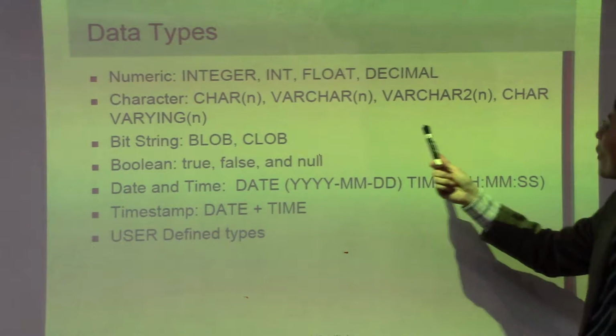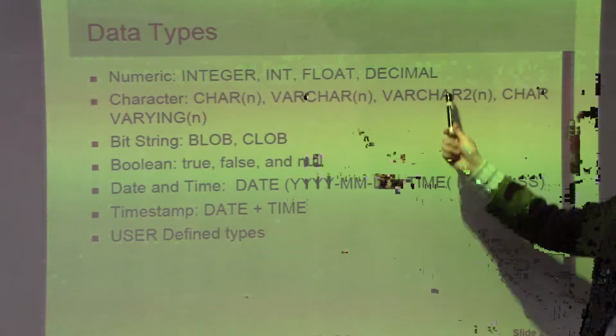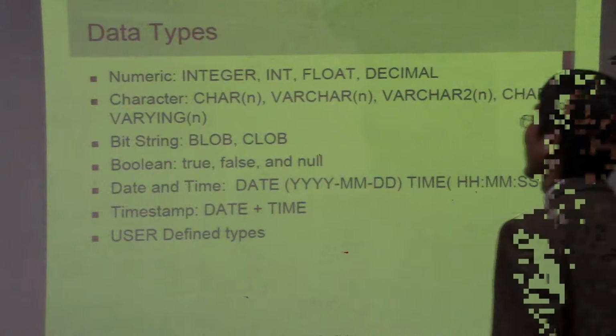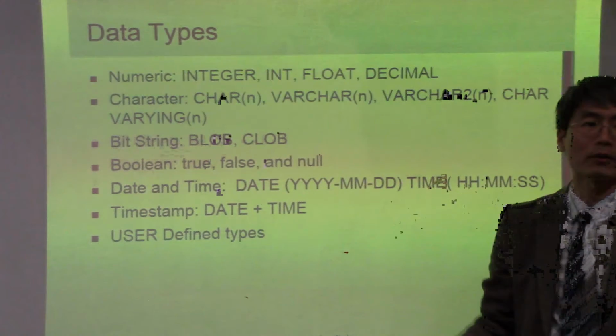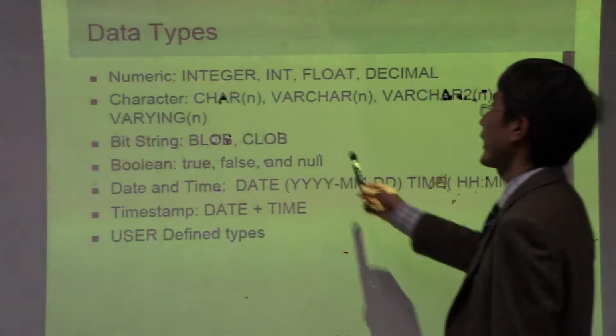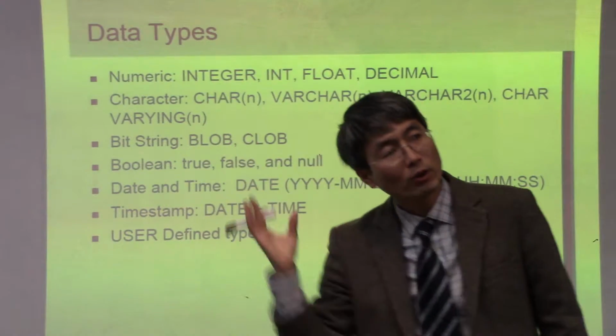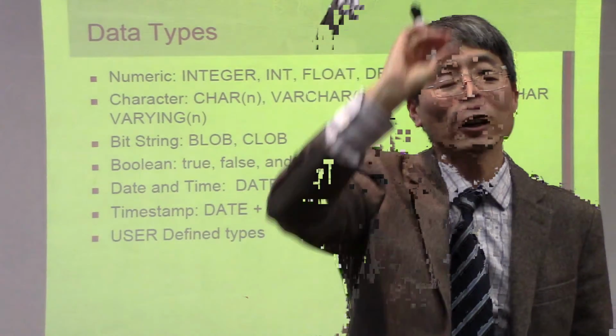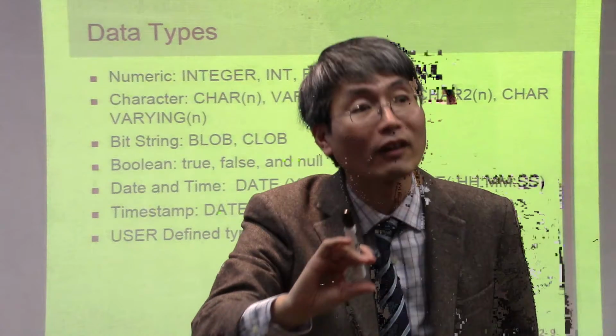Character. We have character. Then what is this? VARCHAR and VARCHAR2. First, what is the difference between character and variable character? One is fixed. When we store the data, in terms of the three-schema architecture, we have the external level, conceptual level, and internal level.